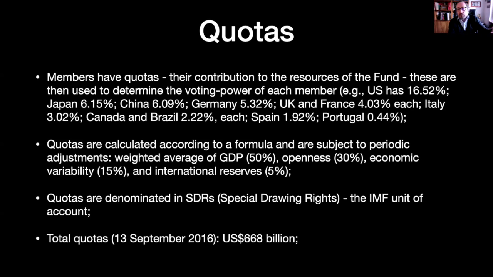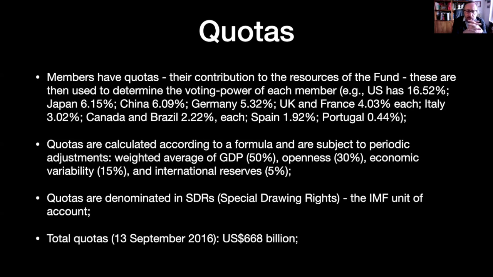You could not buy ECUs and use ECUs to pay for your shopping, but it was this sort of unit of account for EU purposes that was independent of the fluctuations of each member's exchange rates.